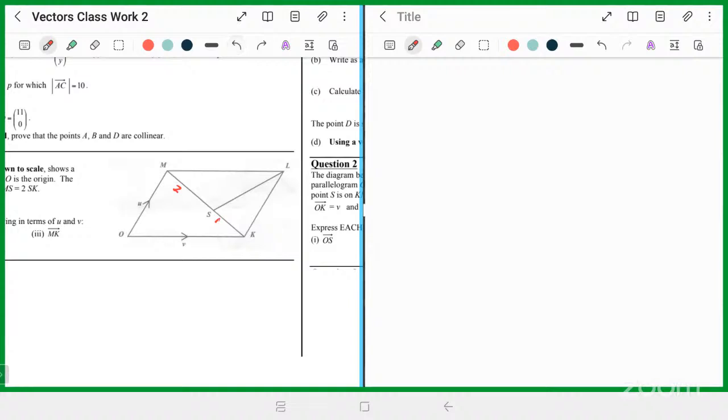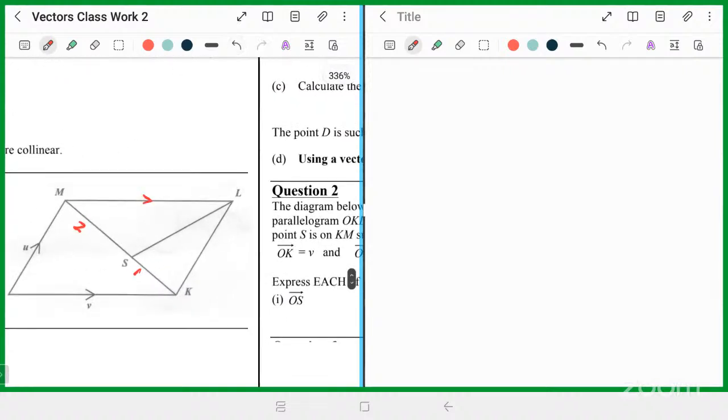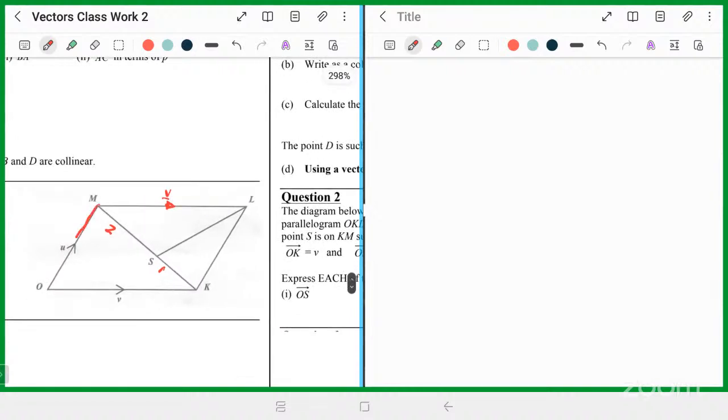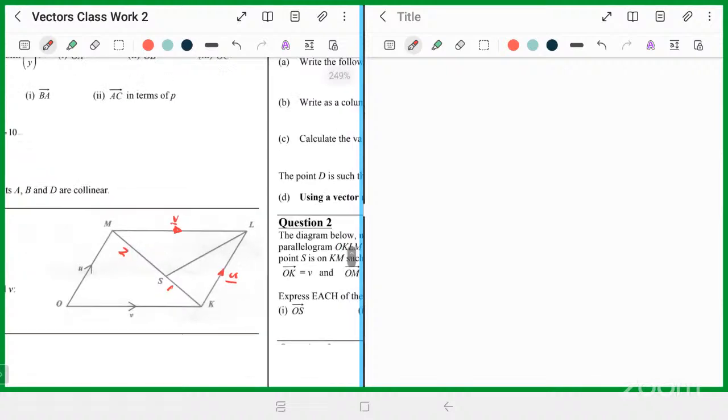So I'm going to put that on the diagram. So this vector up here, I'm going to call it V, just like this one. I'm going to underline it. And similarly, since this vector going up here is U, then the vector going up here is also U. So let's put it down there. This is a U. All right. So those are the vectors that we know.